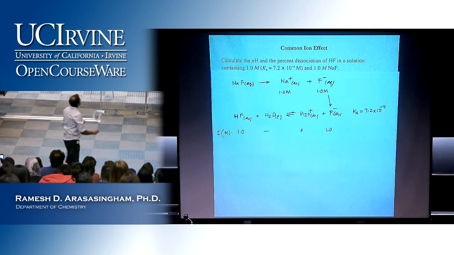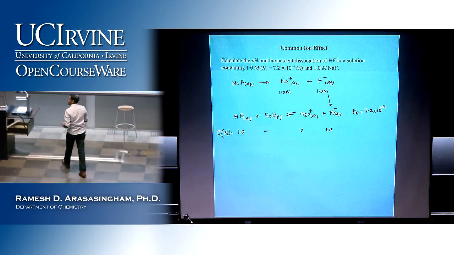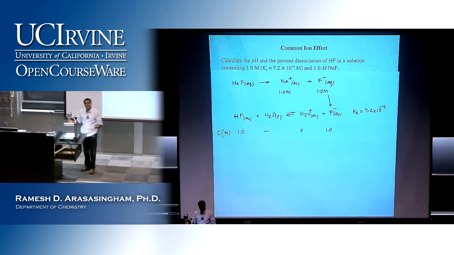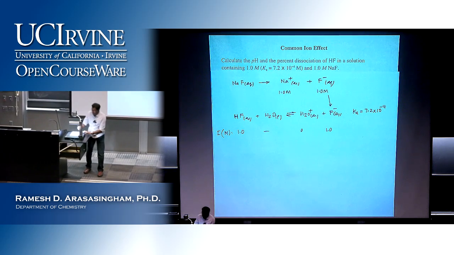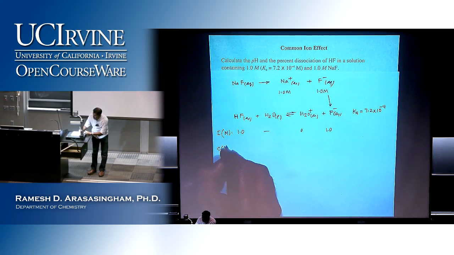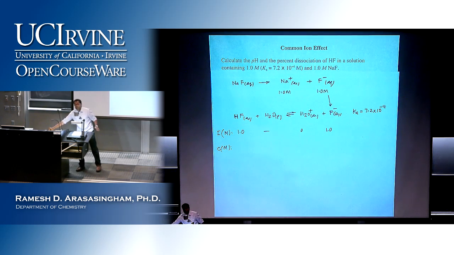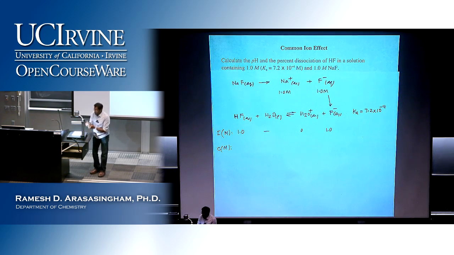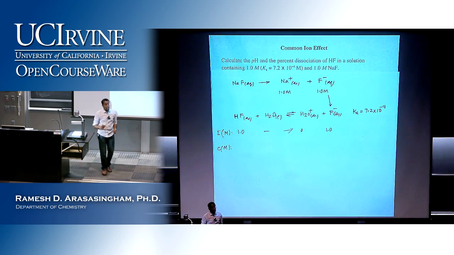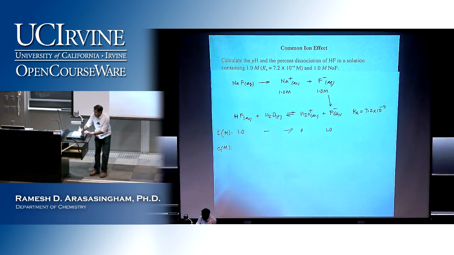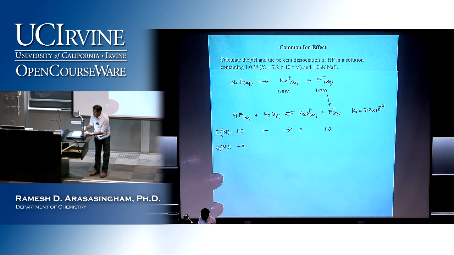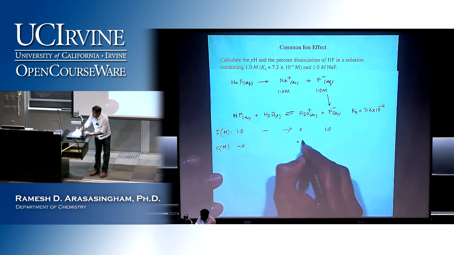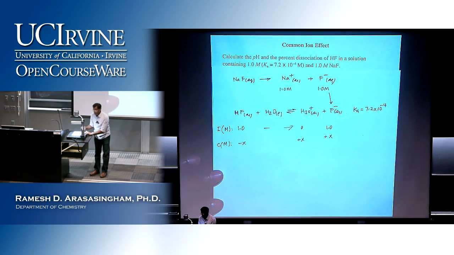All right? So solving this problem is going to take the same approach that we've done before. So what we say is now we're going to look at the change. Since we have no hydronium ion formed yet, we know that the reaction has to proceed in the forward direction. All right? Therefore, this is going to be negative x. This would be plus x. This would be plus x.